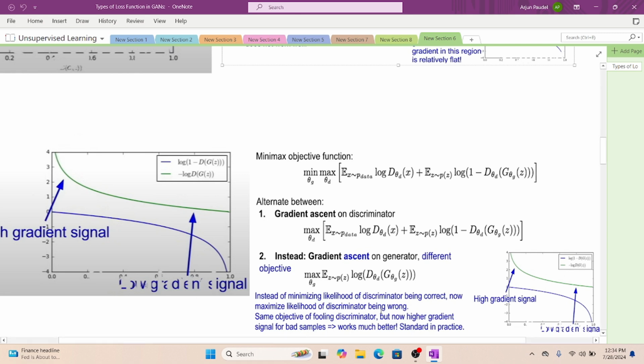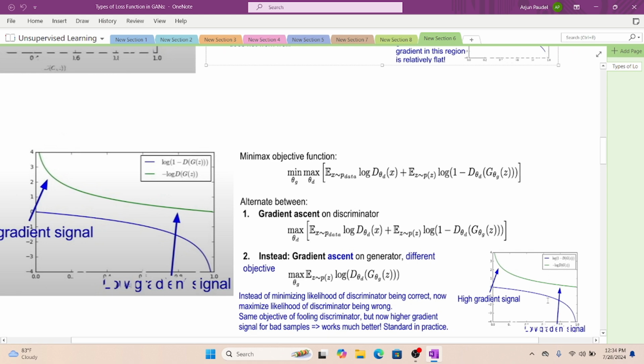So the same objective of fooling the discriminator, but now with higher gradient signals for bad samples. If the generator is producing bad samples, it means the generator has to learn. So when the discriminator gives label 0, the training signal is dominant with high gradient signals, which helps the generator become better.